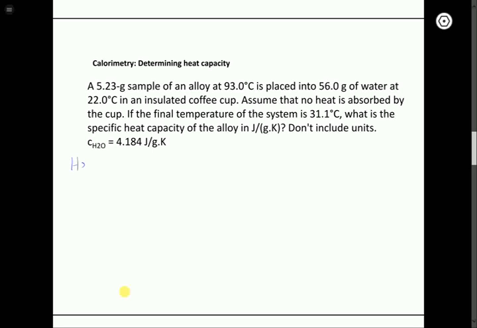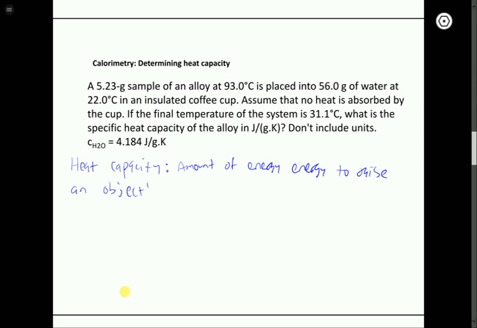So we have heat capacity versus specific heat capacity. So the heat capacity is the amount of energy required to raise an object's temperature by 1 degree Celsius.